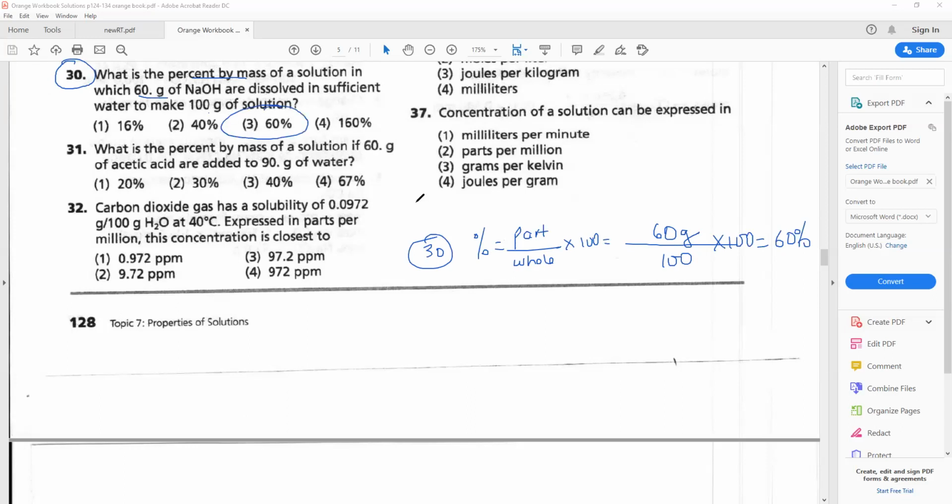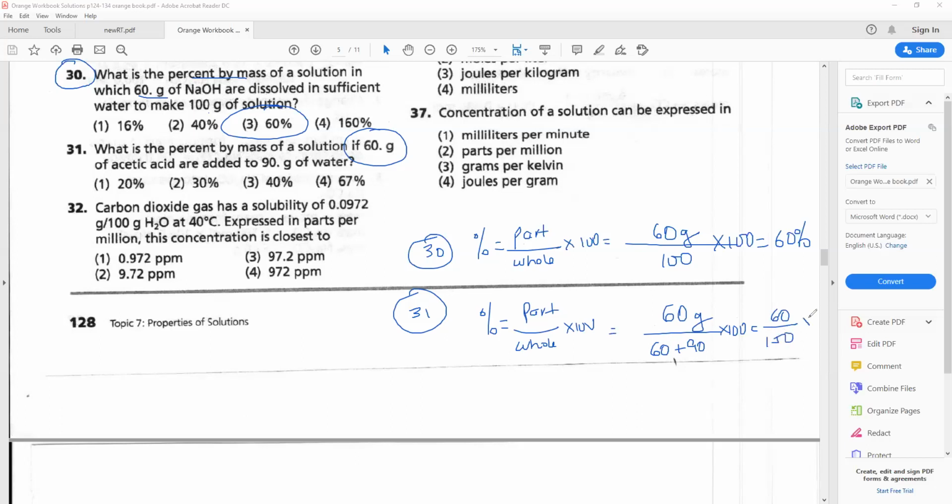Now, number 31 is slightly different. The part is 60 grams of acetic acid. The whole is 60 grams of acetic acid added to 90 grams of water, so it's not just 60 or 90, it's 60 plus 90. So it's 60 over 150 times 100, and the answer is 40%.